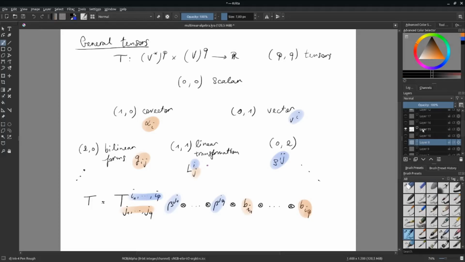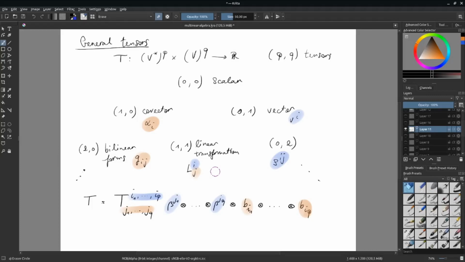So let's say I multiply with some vector v^j. These are my coefficients. I'll be summing over the j index, and all that will be left is a thing with one contravariant index, and that's just a vector. I think it really helps to think of this in terms of functional programming, as functions that you can curry: functions that take multiple arguments, and you can curry them in whichever order you want.